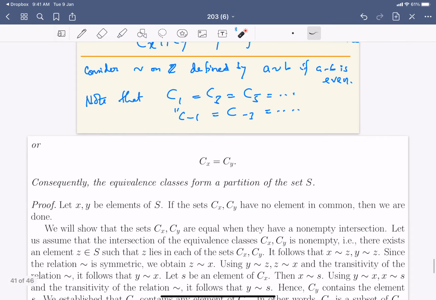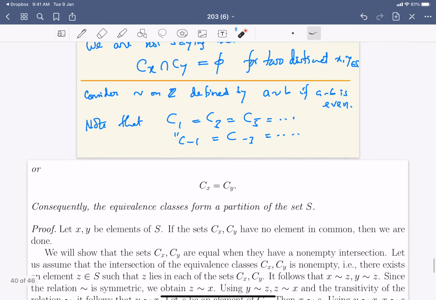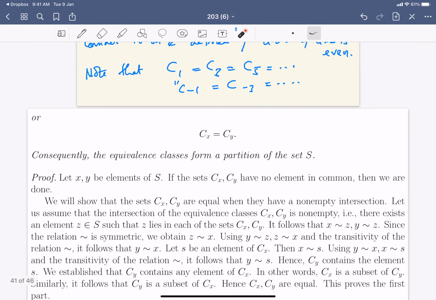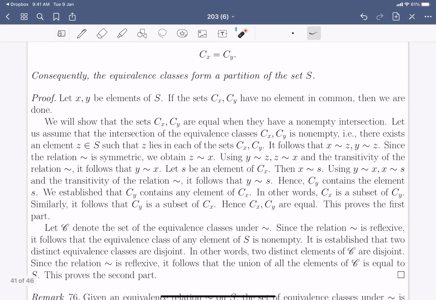So what we need to show is that when this condition doesn't hold, that is, Cx and Cy have at least one element in common, then they have to be equal. So we are going to show that Cx and Cy are equal when they have a non-empty intersection.